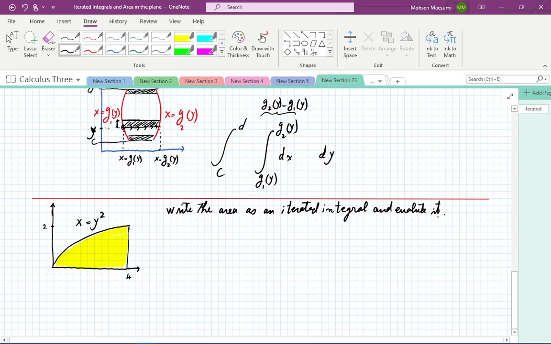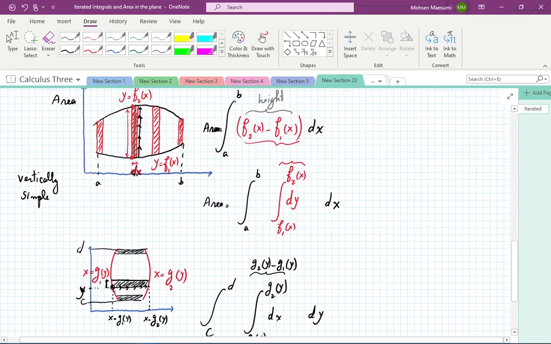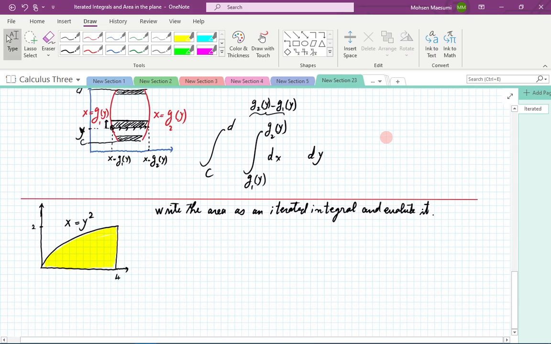Well, we always have a choice of these two approaches that we had here. Sometimes one choice is a lot easier than the other one. Sometimes both of them are available and equally simple or equally complicated. So what are our choices?